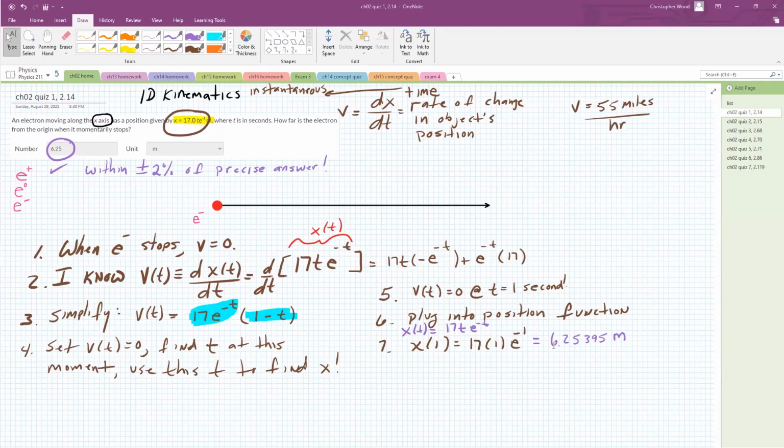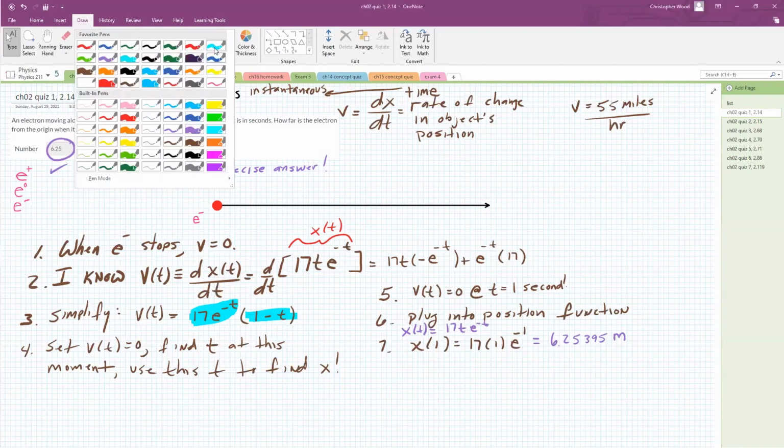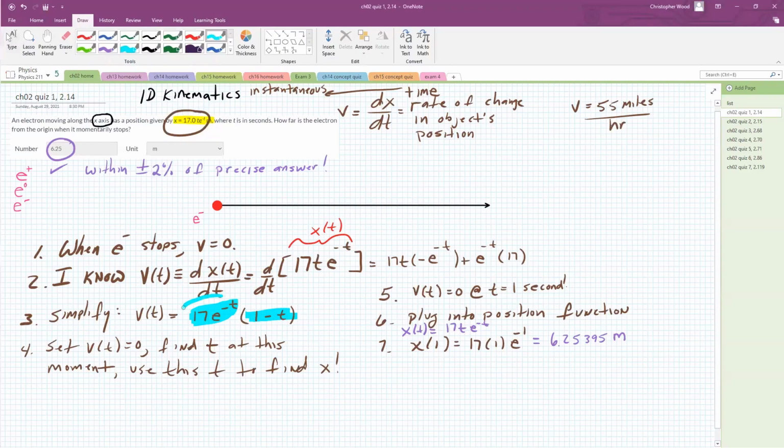No, I didn't choose to. I had no choice. When does this expression equal 0? This term right here can never equal 0. So your only option, since this term can never equal 0, is to look at this term.